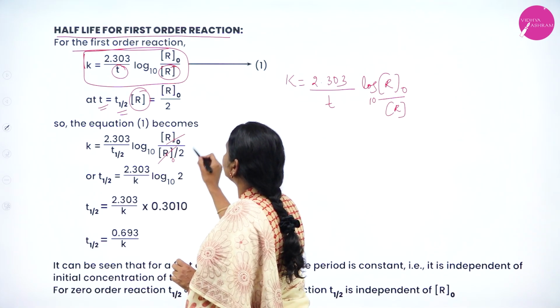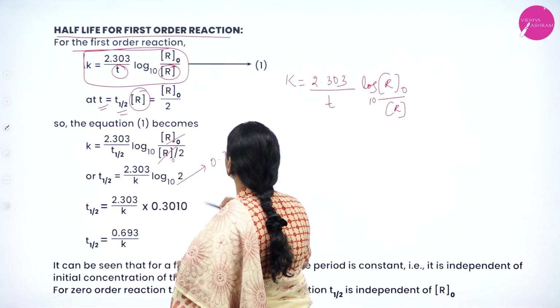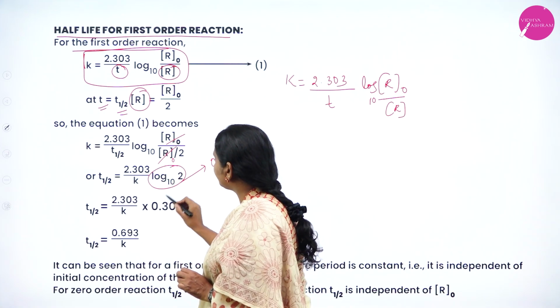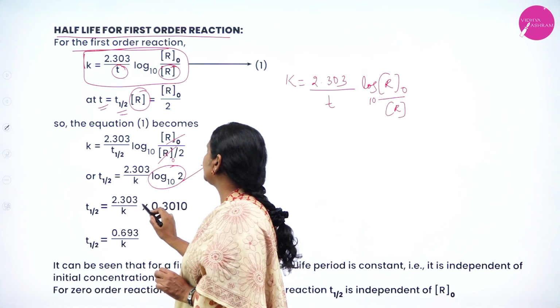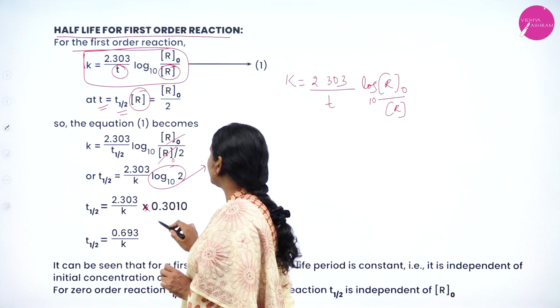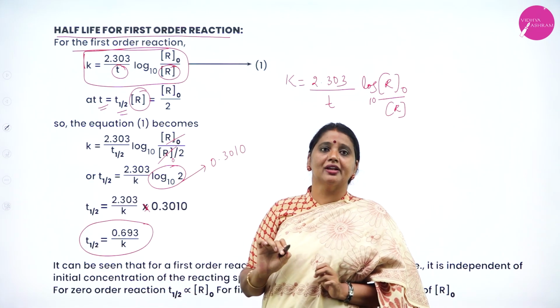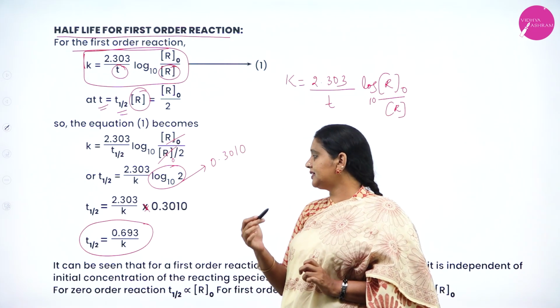R0 cancels, and it becomes log 2. Log 2 is 0.3010. When I substitute 0.3010 and multiply 2.303 into 0.3010, it is 0.693 divided by K.